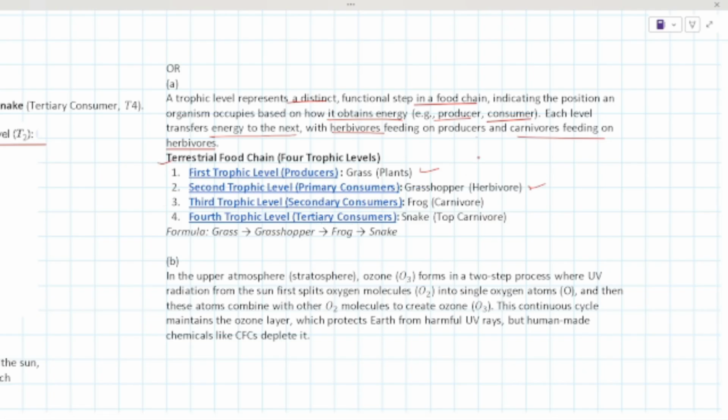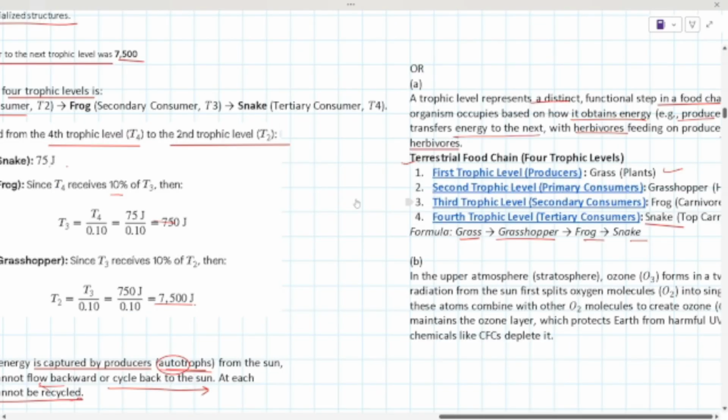Then the third trophic level is the secondary consumer. Here you can say any carnivore, frog or anyone. Now the fourth level, that is the tertiary consumer, which is the top carnivore, that is snake. So here it will be grass, grasshopper, frog, and snake. Any doubt?